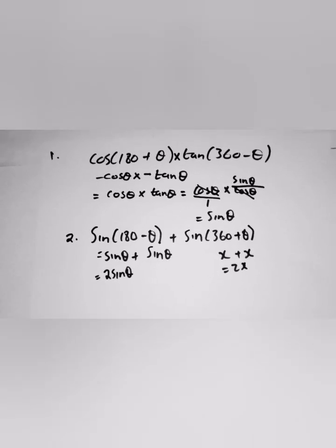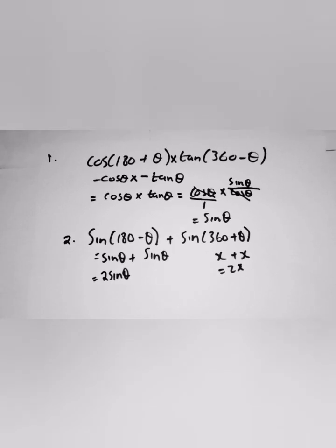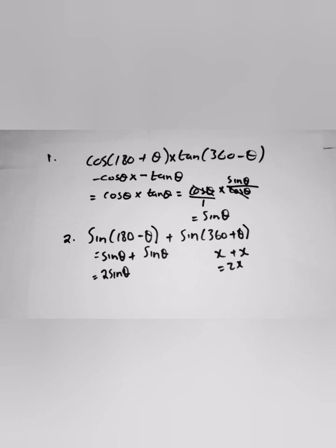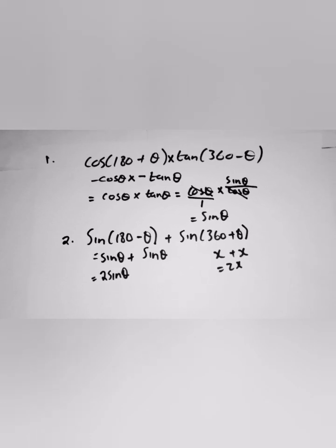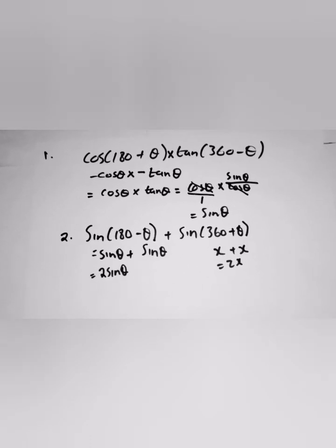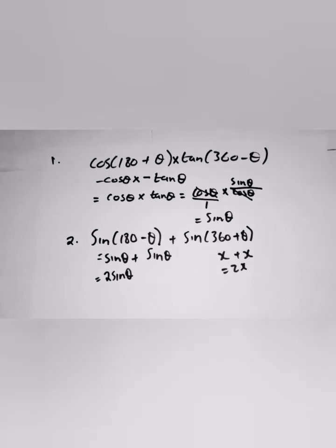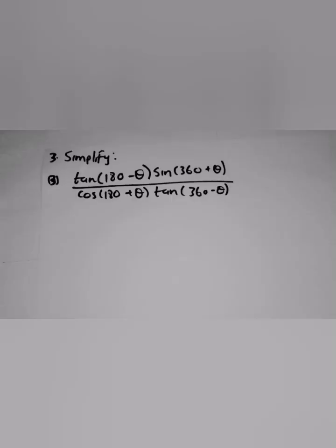I hope you understand this. So that's very important, that you close the trig ratio and focus on what's inside the brackets. So that's a reduction formula. That is how you simplify reduction formula expressions.